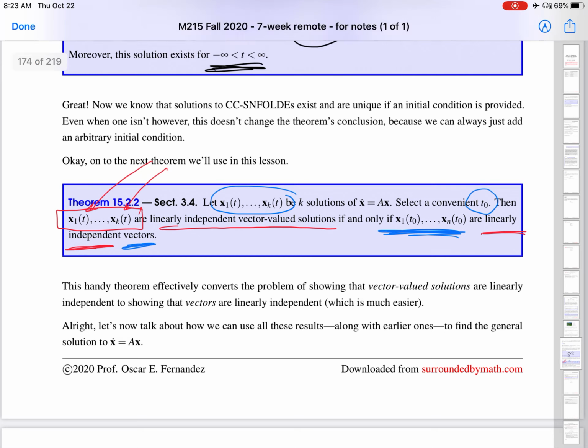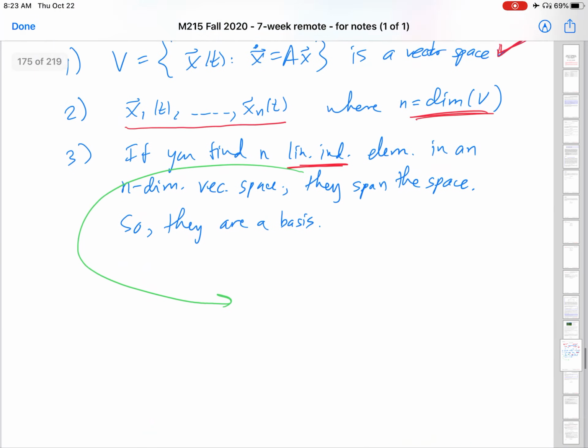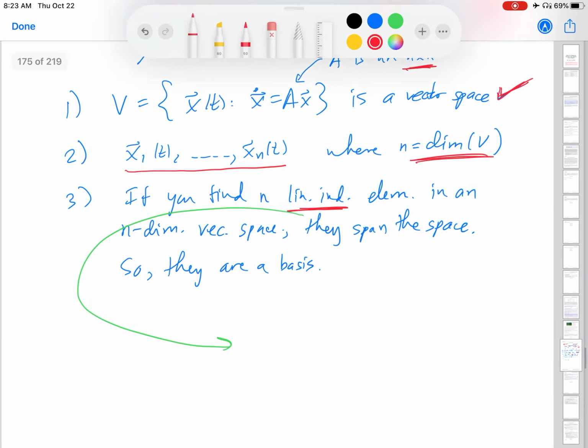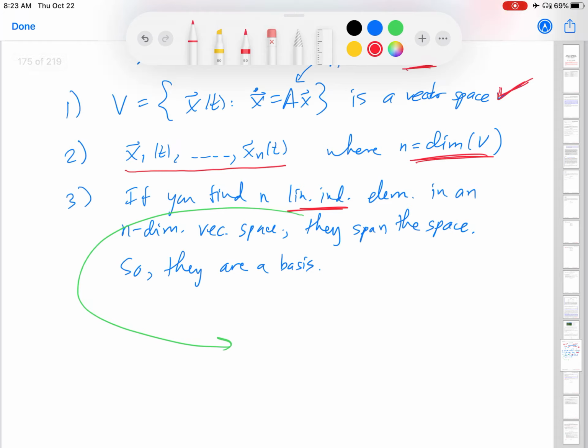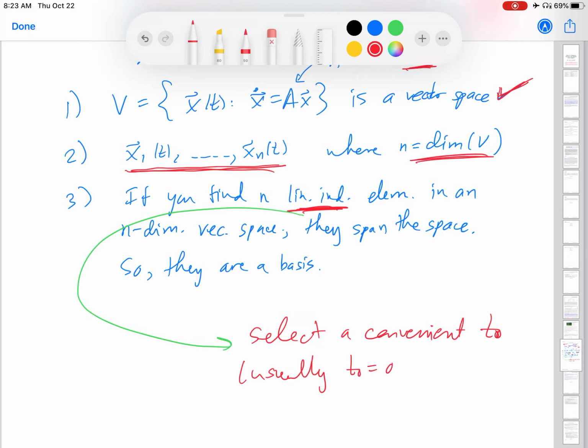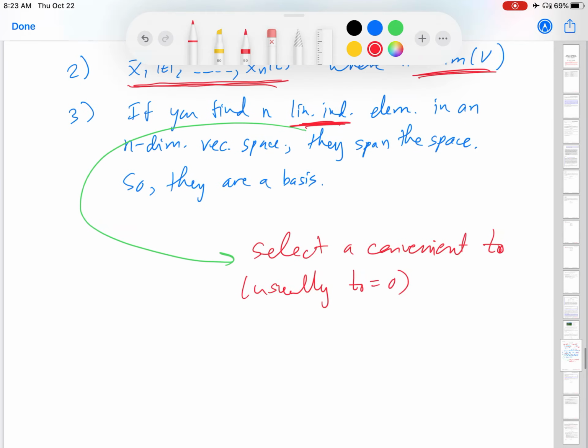So I'm going to scroll back down to where we are then in our procedure. And I'm going to say, great, so in order for us to show that these n vector-valued solutions are linearly independent, we just have to select a convenient t sub 0. And usually t sub 0 equals 0 is the easiest choice.